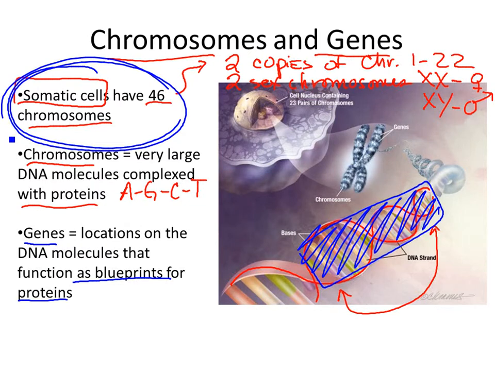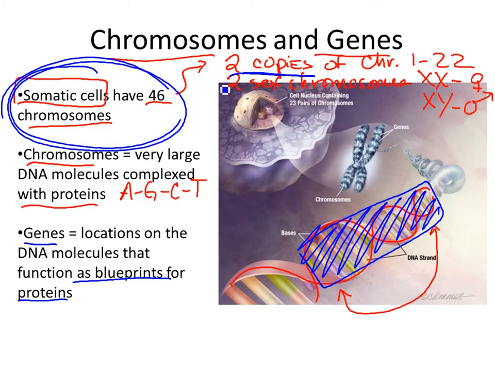Otherwise, they don't have a full set of functioning blueprints or recipes for all of those critical proteins that those cells need to make. And also, as you've learned before, and this is where sexual reproduction is going to come in, you get 1 copy of each of chromosomes 1 through 22 from mommy and 1 copy from daddy.